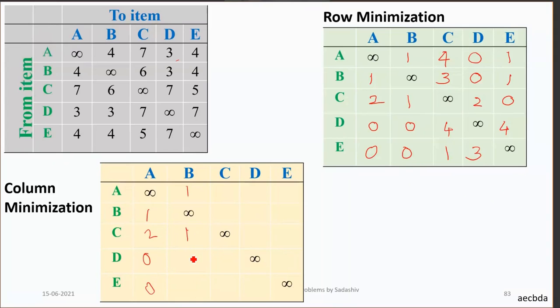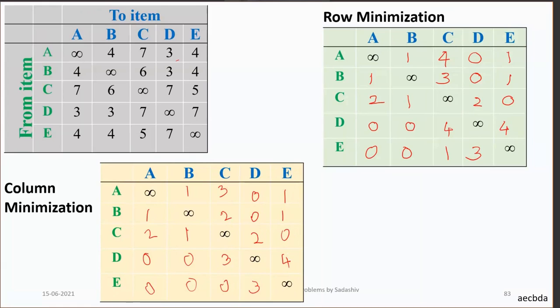In the third column, 1 is the least number. So it will be 3, 2, 3 and 0. And the fourth column is 0. And the fifth column is 1, 1, 0 and 4. Okay, we are finished with the row minimization as well as the column minimization.